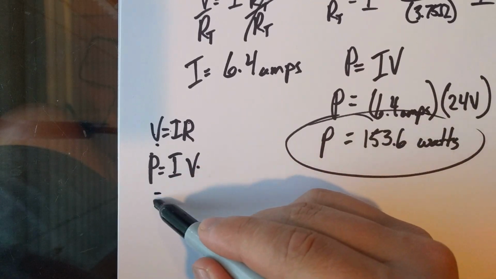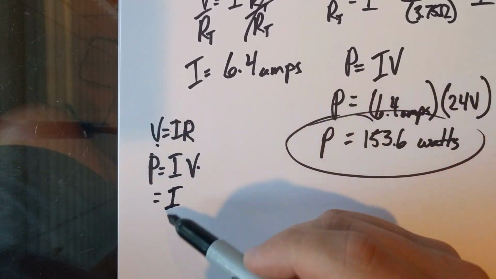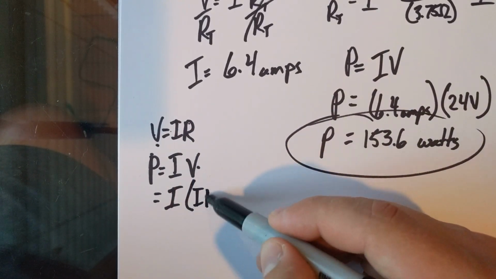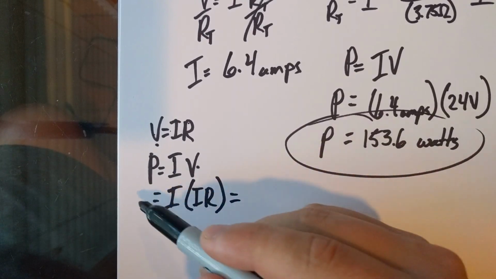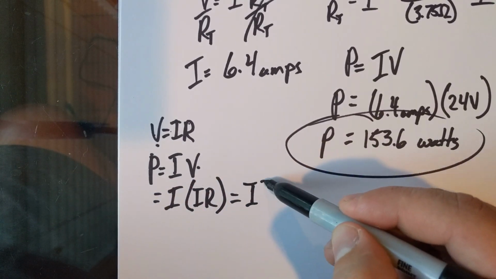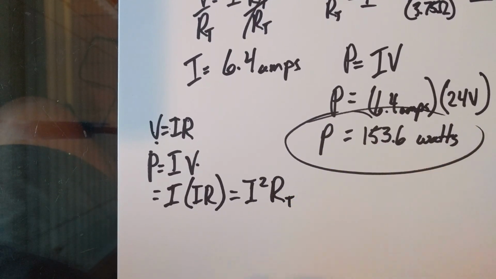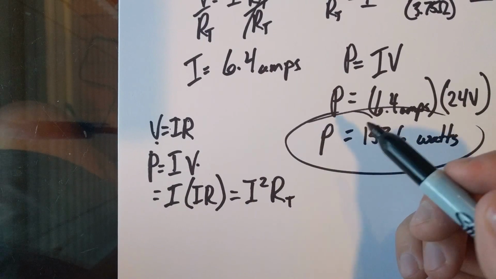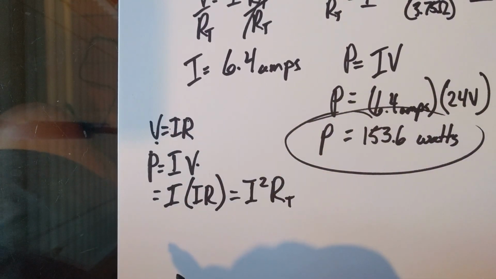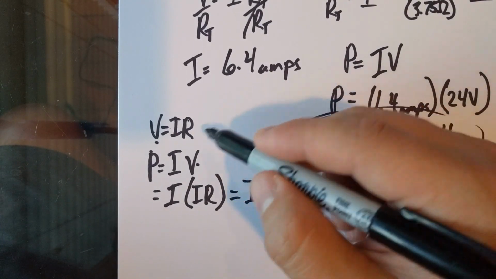So if I put I and what V is equal to in here, IR, you get that power is equal to I squared R. So once you had our total, but you didn't have I, so what else could you have done? There's another relation.